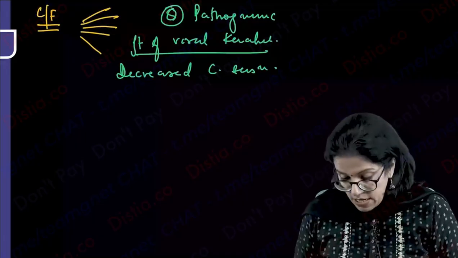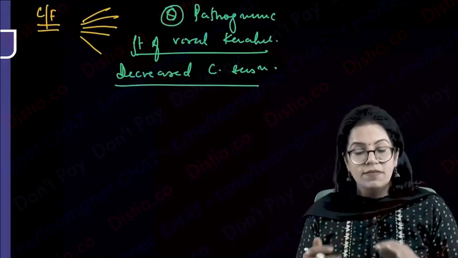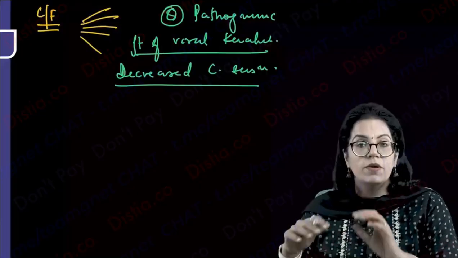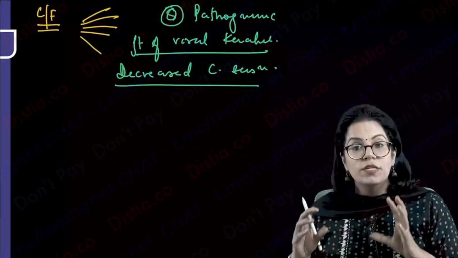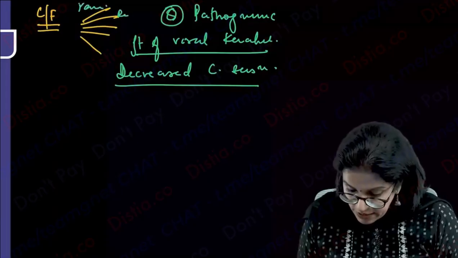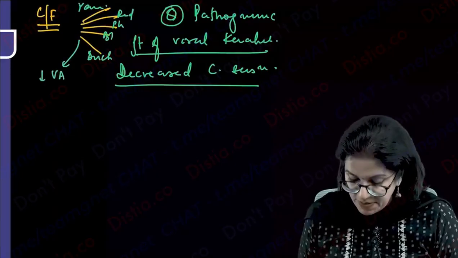Number 1. Apart from that, presenting features are what we have already learned. Though the sensation is less, pain is still a feature. So pain, redness, photophobia, blepharospasm, discharge, blurred vision, everything is happening here.